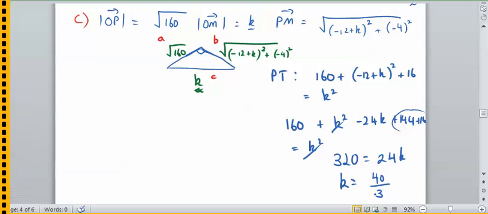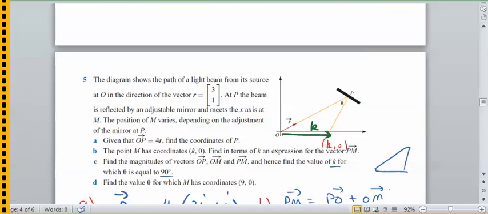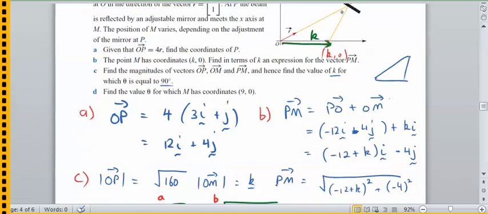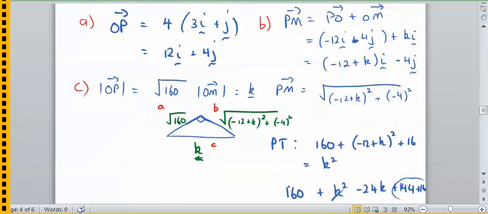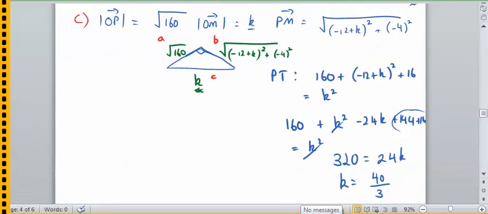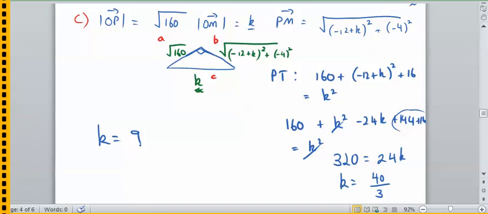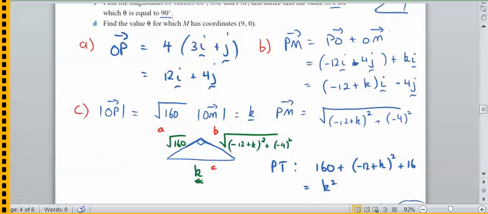That's good. Now, what I'd like you guys to do is think about how we do part D. Find the value of theta for which M has the coordinates of (9, 0). So if it has coordinates of (9, 0), k is what? So k is equal to 9. Is it asking us to find an angle?